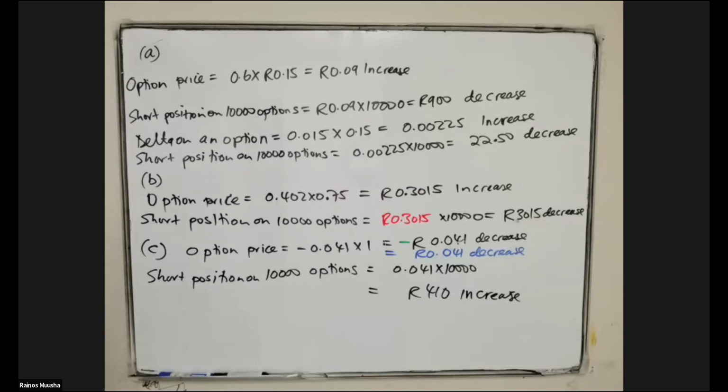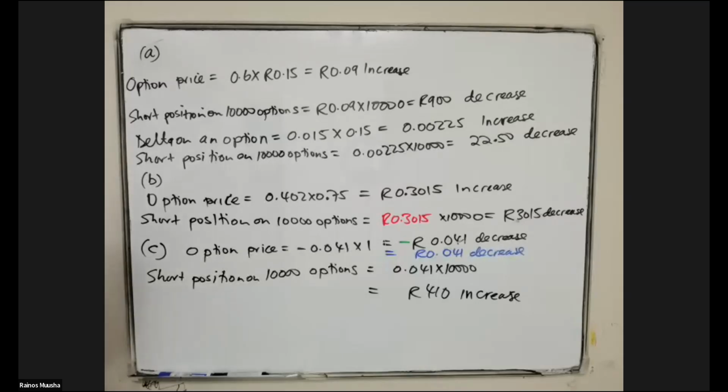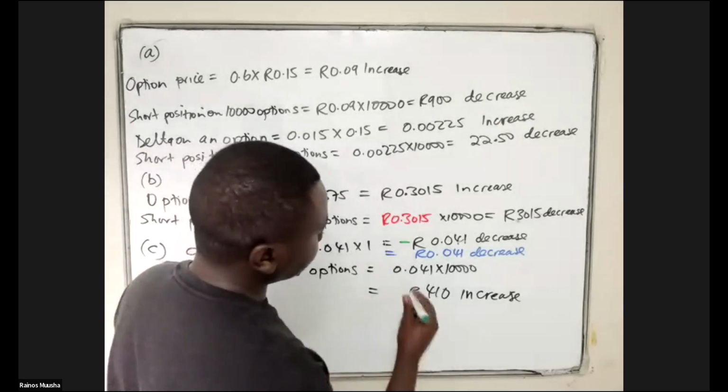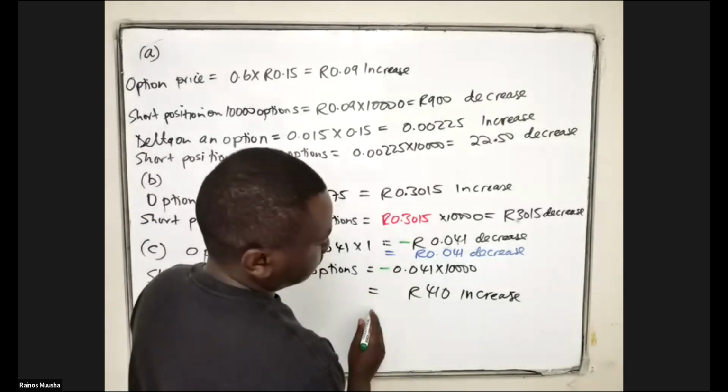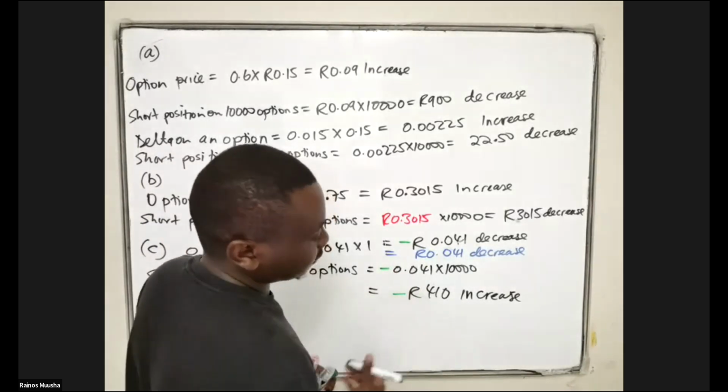I'm very wary of trying to put the first one as negative. Because here you can also put this amount as a negative amount. Then it will come out as a negative amount.